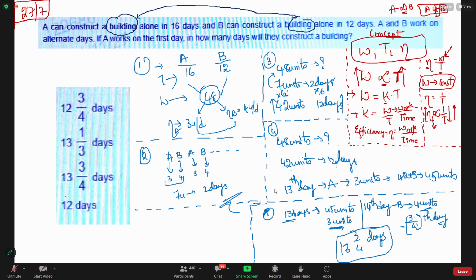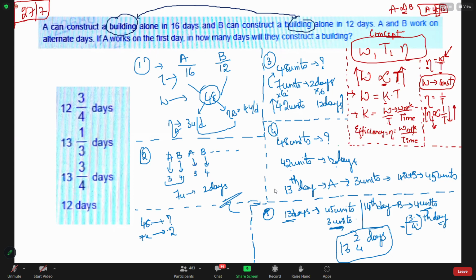Why? Because here we are talking about proportionalities. We said when the work increases, the time also increases. But when you're cross multiplying, you're actually applying the inverse proportionality constant. So there is one concept of cross multiplication, which says 48 units question mark, 7 units 2 days. In this case, you cannot cross multiply actually.